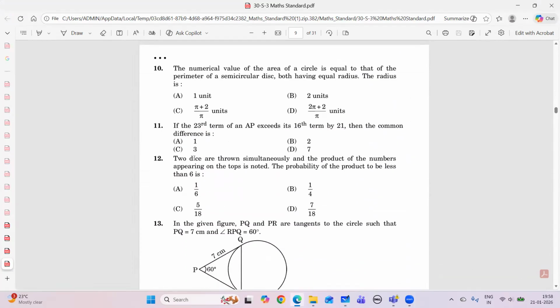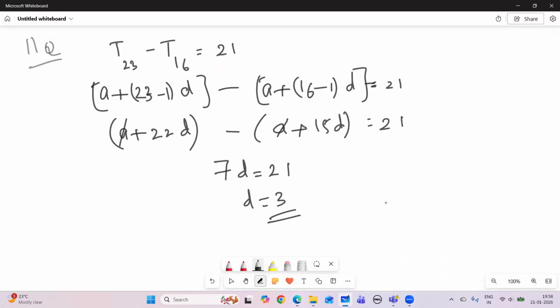C is the answer, right? Yeah, answer is C.